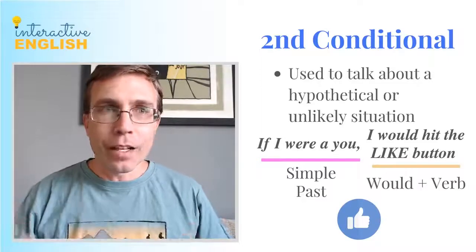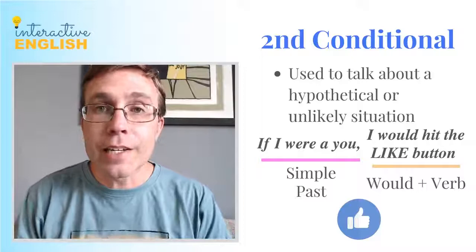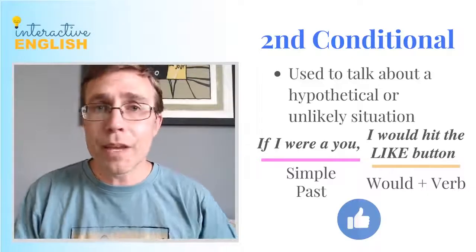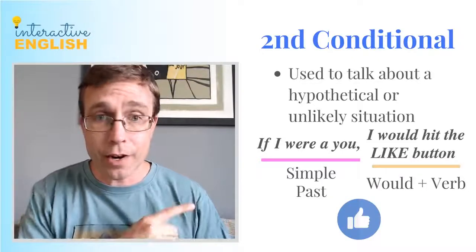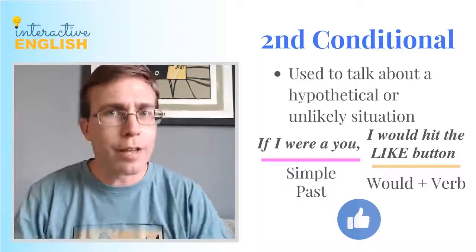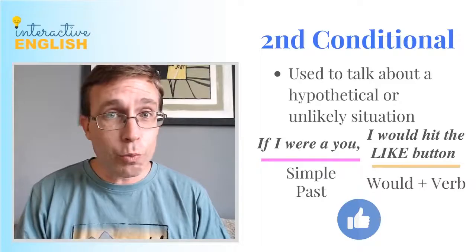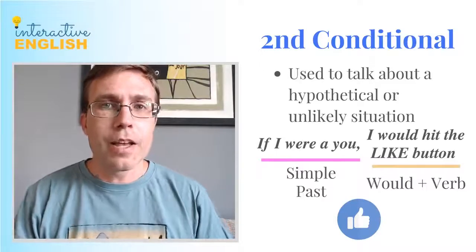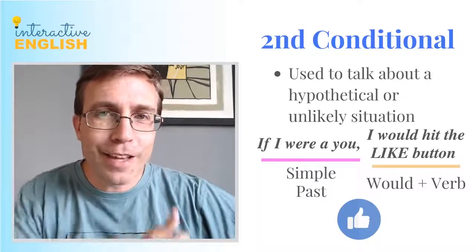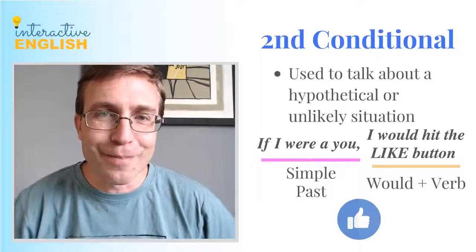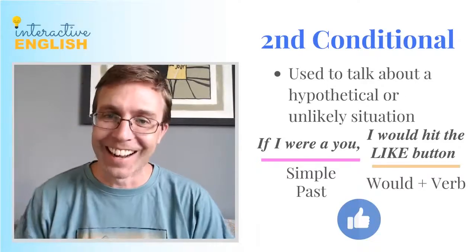So oftentimes when you hear a sentence with the second conditional, somebody's maybe giving you advice, and they'd start out and say this, if I were you, okay? If I were you, all right, I would, use would plus the base verb. If I were you, I would hit that like button, all right? Again, I'm trying to be very, very suggestive to you right now, all right?